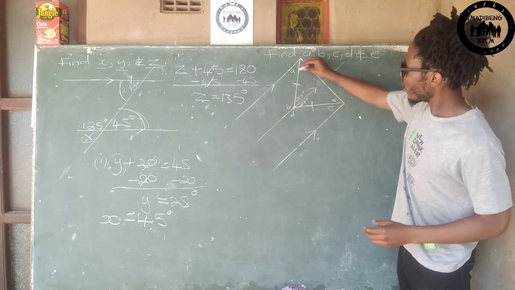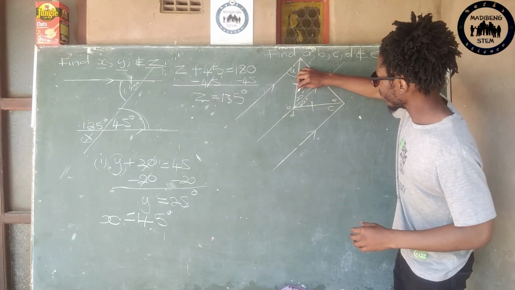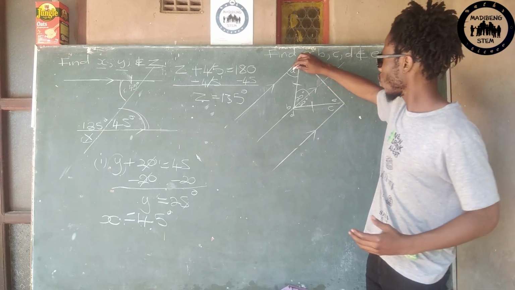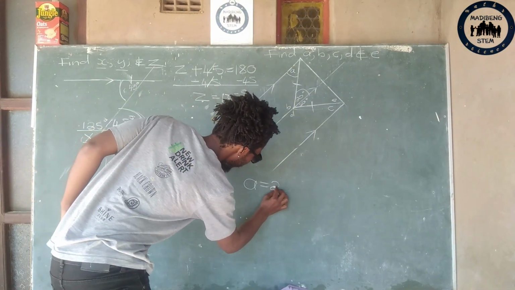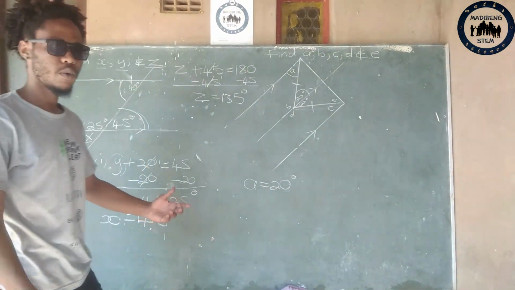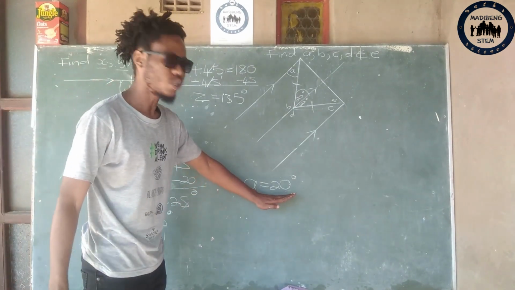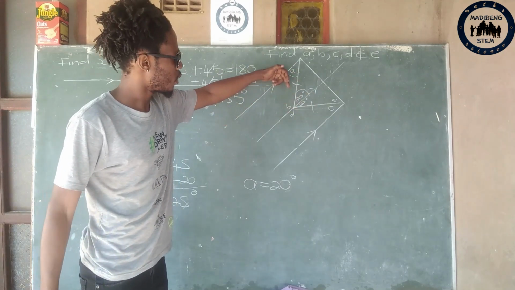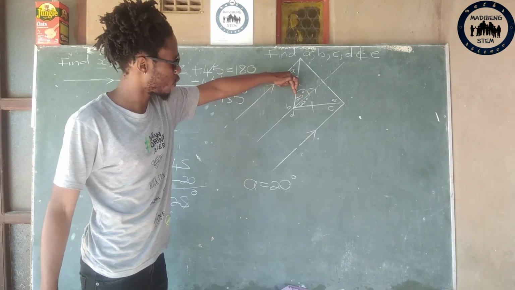So A is what, guys? A is equal to 20, because they are alternating to each other. So A is equal to 20 degrees. Usually they want you to give the reason why you say so. Now I'm saying A is equal to 20 because A is an alternating angle to this one. They are alternating angles, so they are equal.